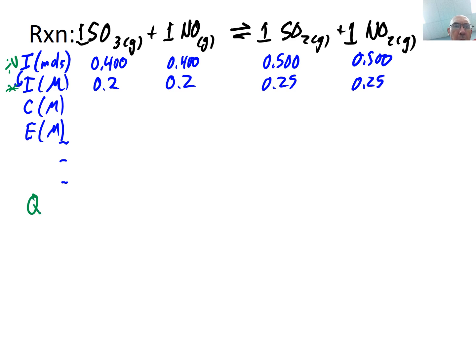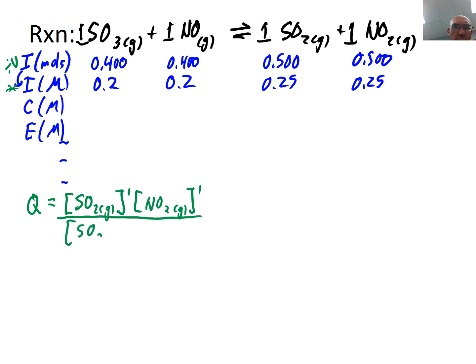So Q, my equilibrium quotient, as a formula equals the concentration of SO2 gas, first order, concentration of NO2 gas, also first order, divided by the concentration of SO3 gas, first order, and concentration of NO gas. Again, first order, none of these are at equilibrium, so there's no subscript E's after any concentration.